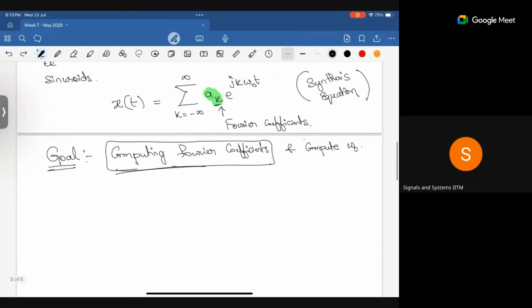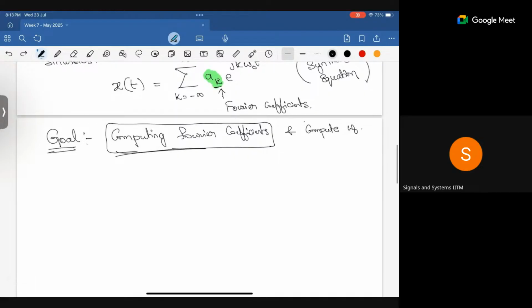Since I mentioned that's the primary goal, we should have some explicit expression, right? Can we have some formula which we can just substitute and get it? Ultimately, yes. There is a lot of math, inner product spaces, behind this. And that is why we have stated the orthogonality between two signals, the two harmonics when multiplied together. So this we have seen, right? With different frequencies, it will always be zero.